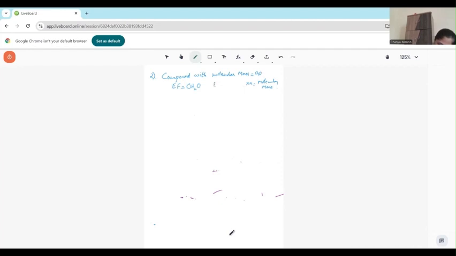From here, can you find out the empirical formula mass? Can we find out the mass?